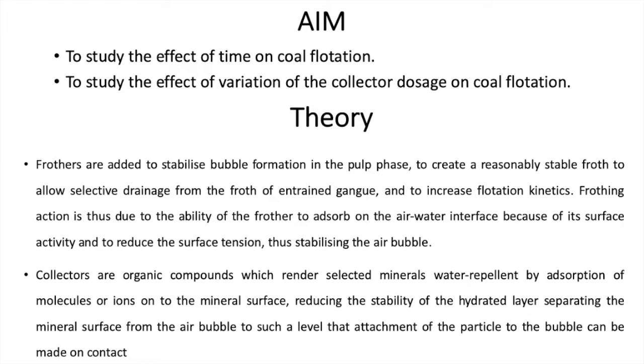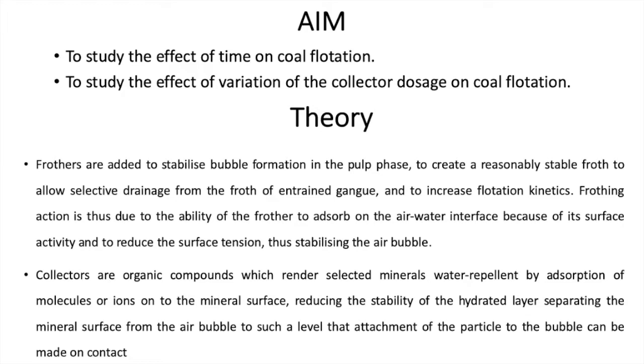A brief theory part is given here because the two main reagents that are used in coal flotation are frothers and collectors. Frothers are added to stabilize the bubble formation in the pulp phase to create a reasonably stable froth, to allow selective drainage from the froth of entrained gangue, and to increase flotation kinetics.